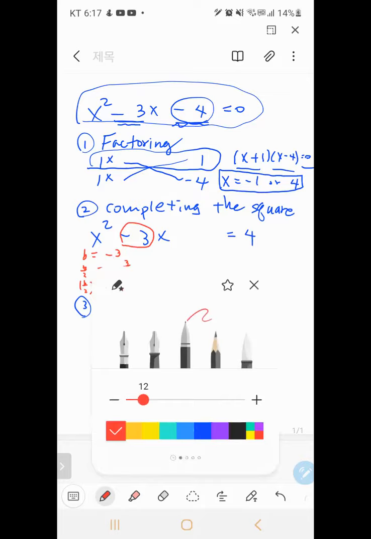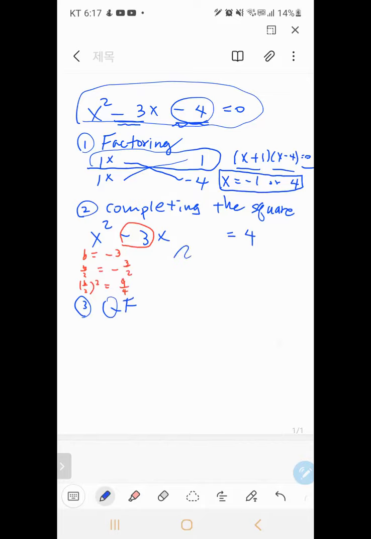So let's rewrite the equation. So we are going to add this guy on both sides. So it's going to be something like this. Okay, so because we used b over 2 and b over 2 squared, we know that this right here is a perfect square already. And when you write in a perfect square format, all we have to use is the second part, the b over 2, inside of parentheses.